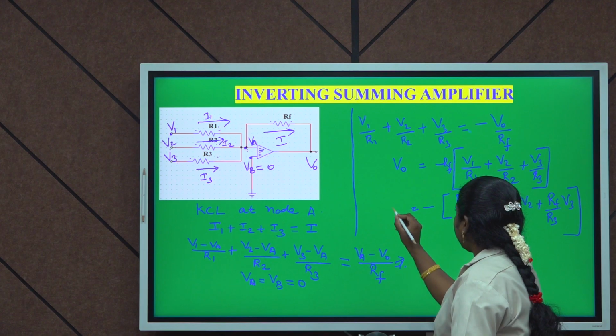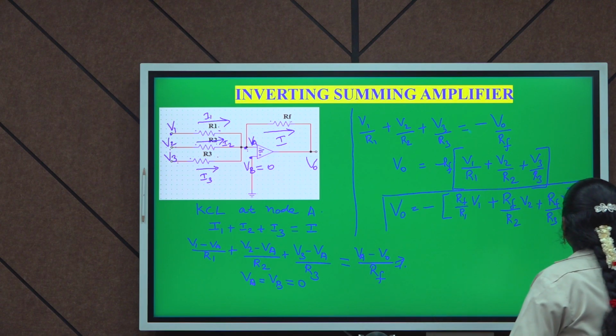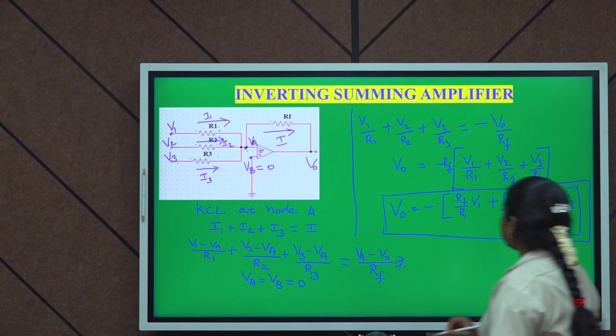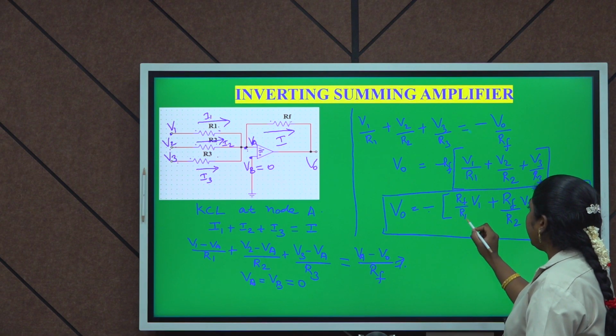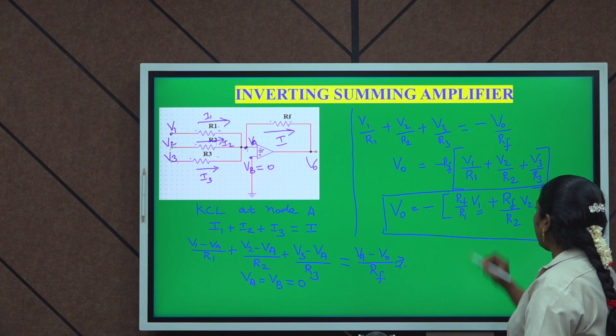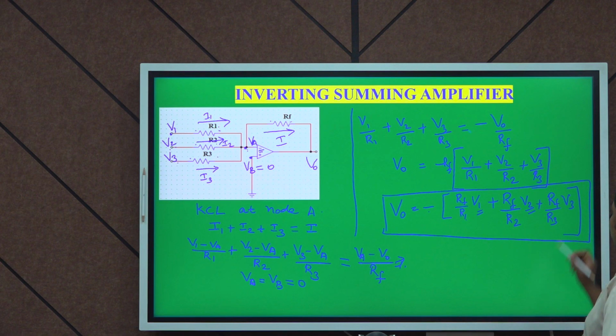So for this summing circuit, the output voltage V0 is equal to minus of (RF by R1 into the first voltage V1, plus RF by R2 multiplied with the second voltage V2, plus RF by R3 multiplied with the third voltage V3).